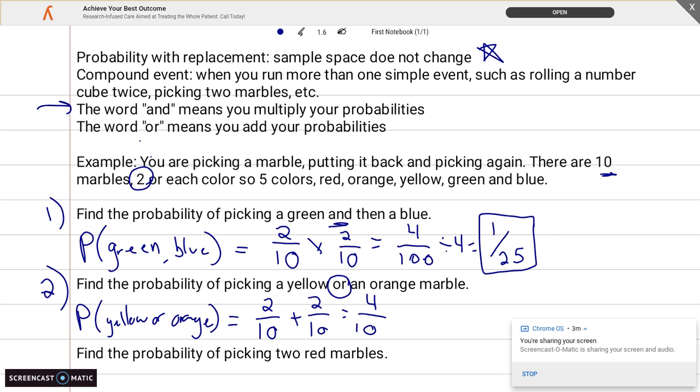Carry my denominator over since I'm adding fractions. And I can divide this by 2, top and bottom. So now I have a fraction of 2/5. That means I have a 2/5 chance of getting a yellow or an orange. So every 5 times I run this experiment, I am going to get 2 times where I get a yellow or an orange marble. You can see how our probability kind of goes up when we're talking about or.